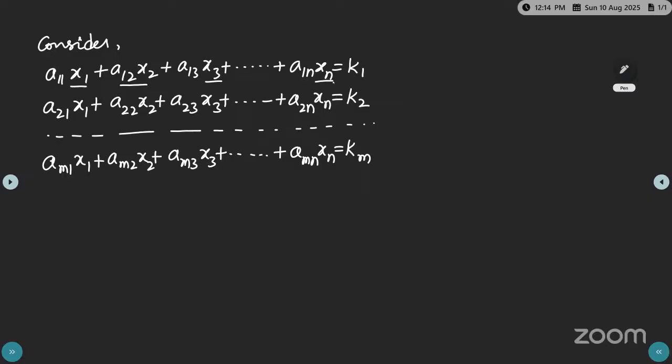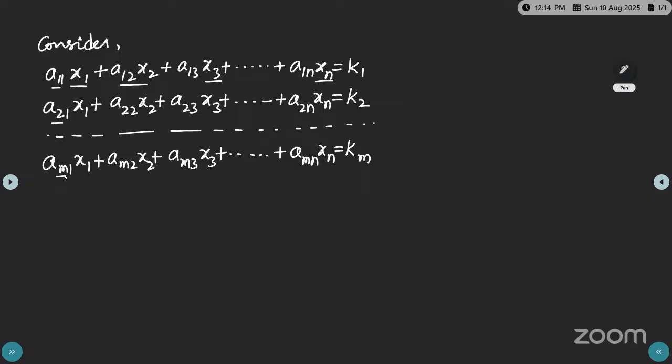So what you can say? It is a linear equation. And how many equations do we have? 1, 2, so on. M number of equations. That's a system of linear equations.